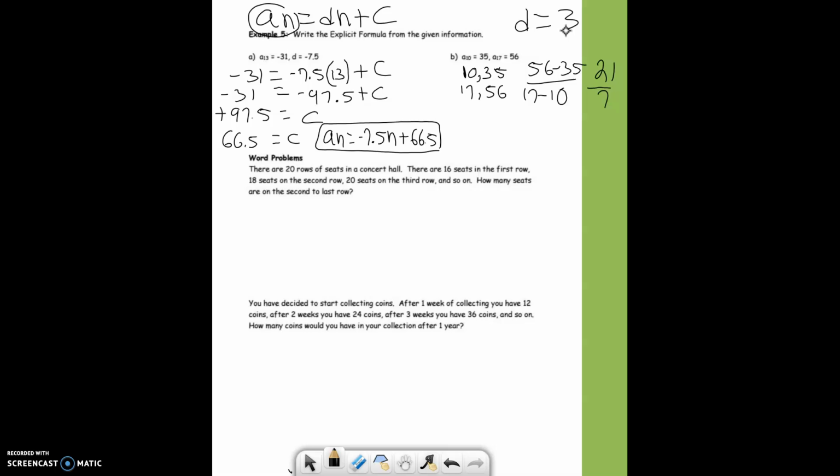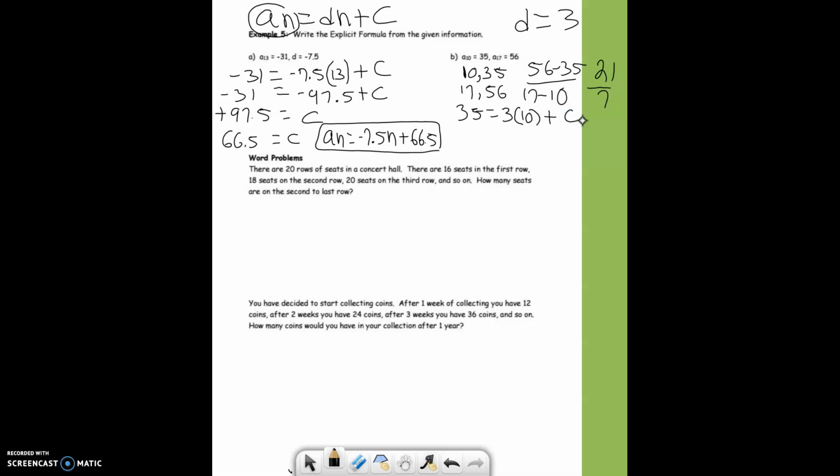Now I need to find the zero term. So I could plug in any one of these terms like I did in the previous problem to find c. So let's just stick with the first one. So we're going to do 35 equals 3 times the 10th term, and we're going to try to find, again, the zero term.